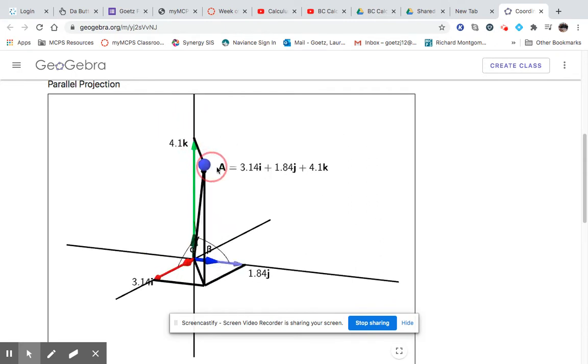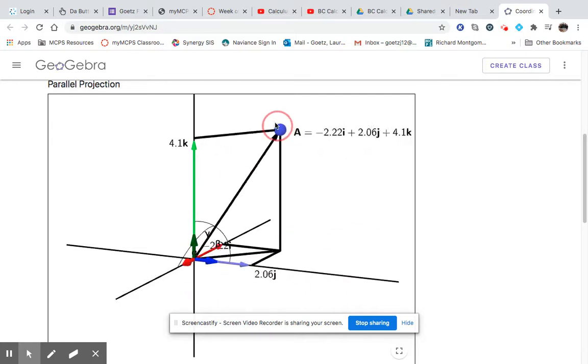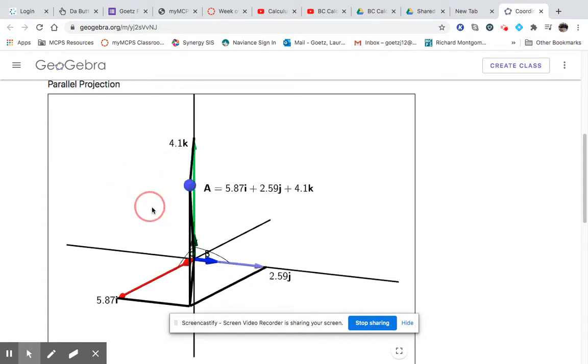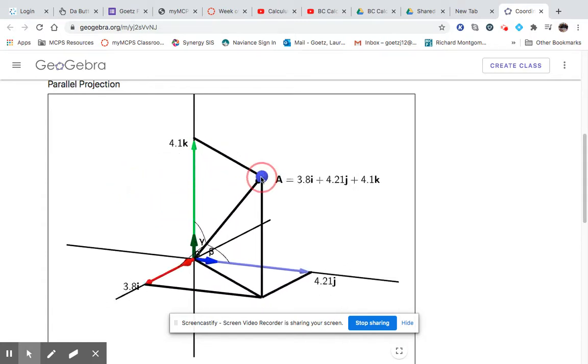You can see alpha, beta, gamma, all those angles moving along with it, which is kind of cool, nailing down where I am.